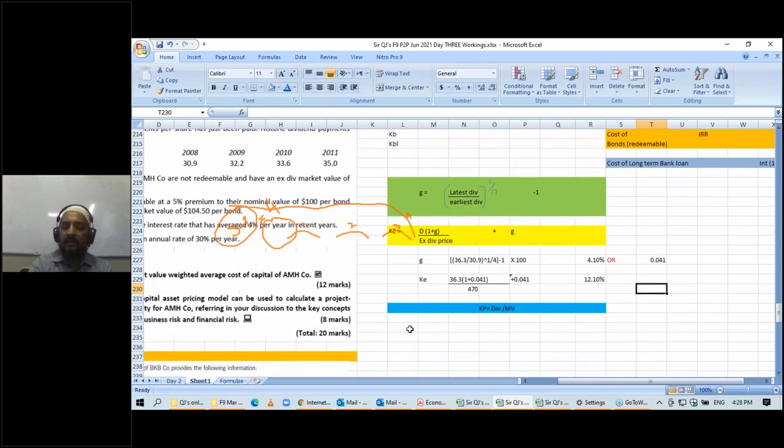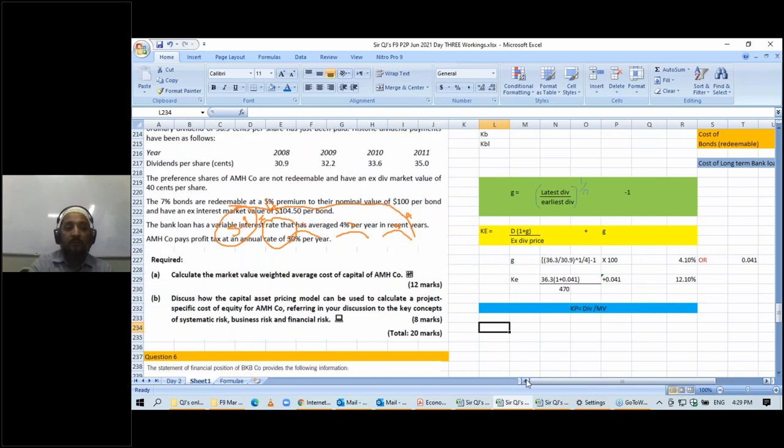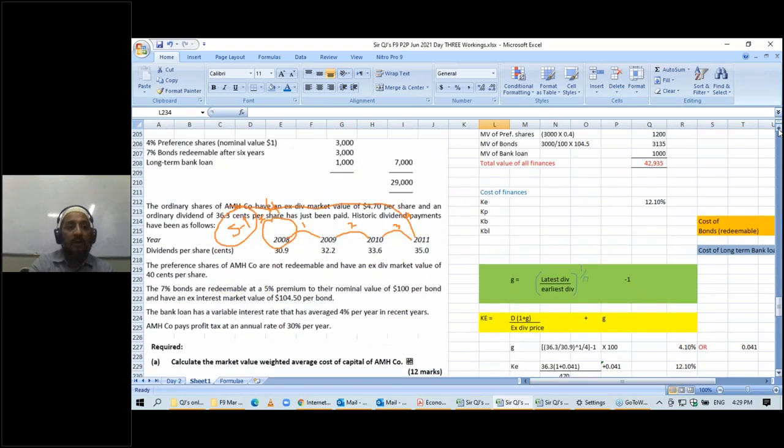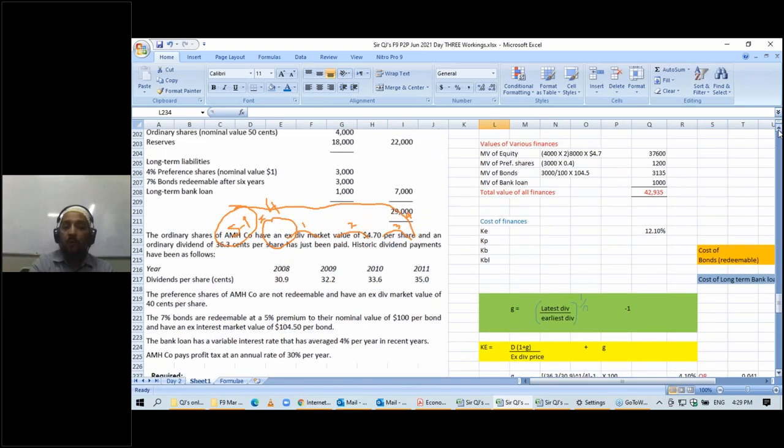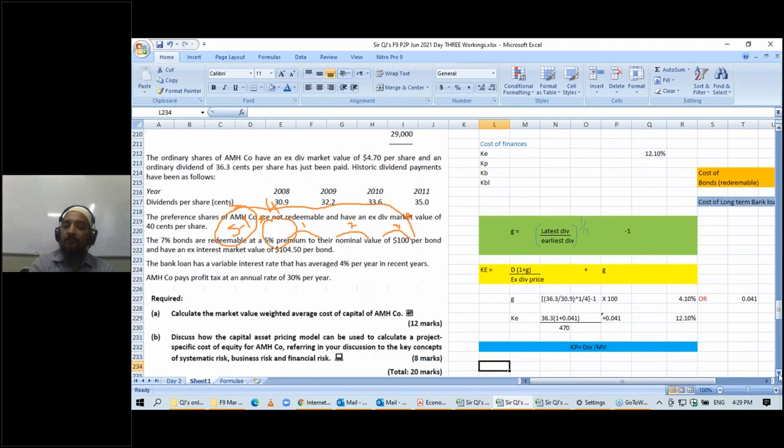So straight away the formula will be: cost of preference shares equals the dividend paid on 1 share divided by the market value, or the total dividend divided by the market value of all shares, right? So how do I know the dividend rate? Because the preference shares, as per the statement of financial position, are 4% preference shares. So dividend paid will be 4%.